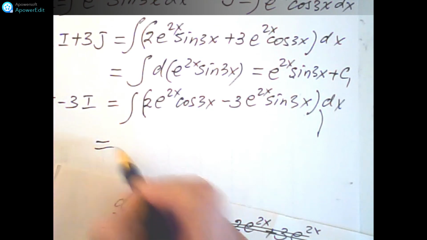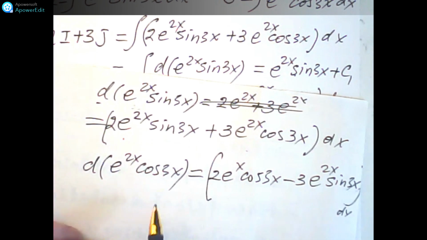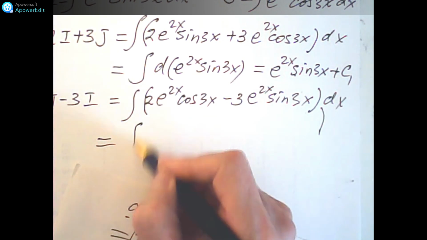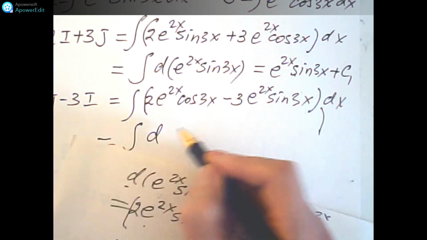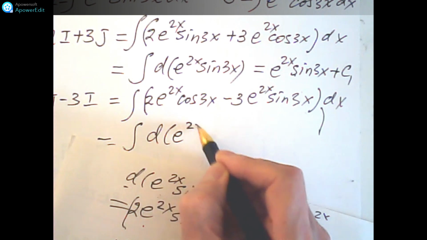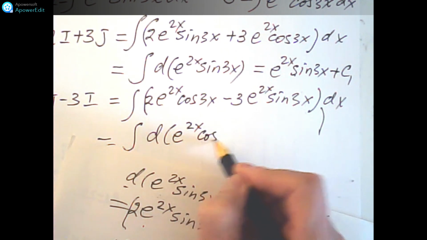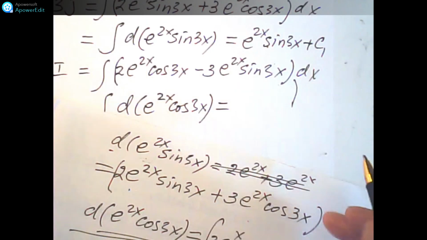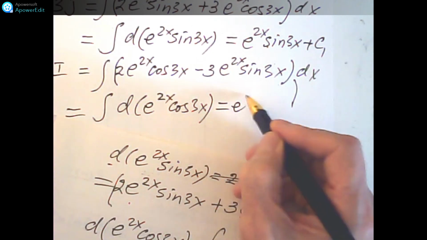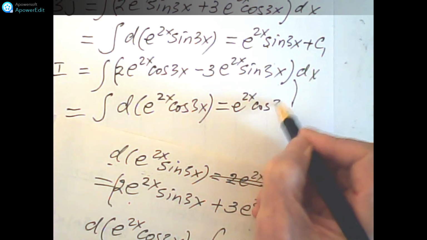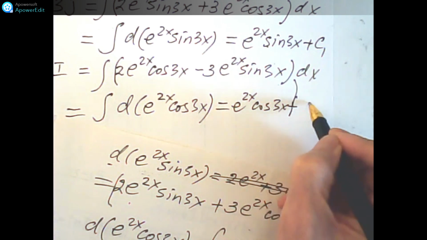And this one is equal to that, which is the derivative of e to the 2x cosine 3x, which is equal to e to the 2x cosine 3x plus c2.